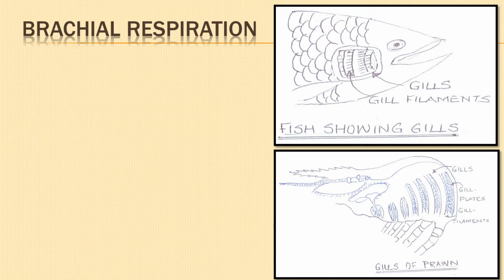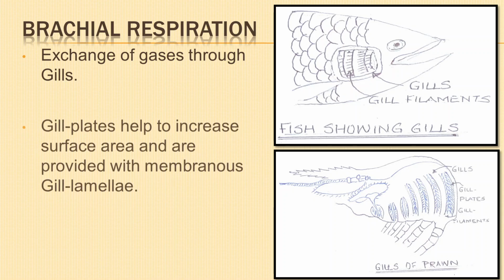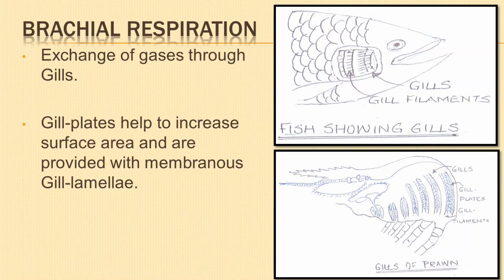Respiration through gills, known as branchial respiration, is exhibited by fish. Exchange of gases takes place through gills as they are highly vascular and specialized for this function. The gills have a number of gill plates which help to increase the surface area.